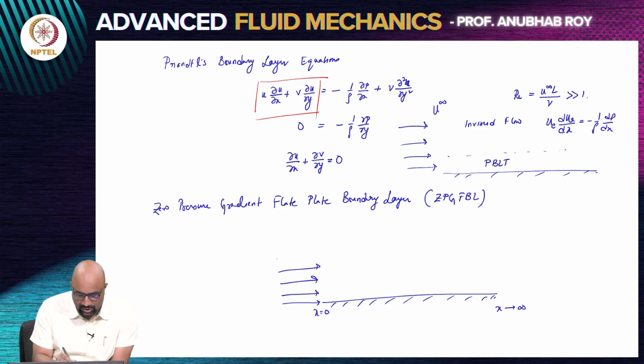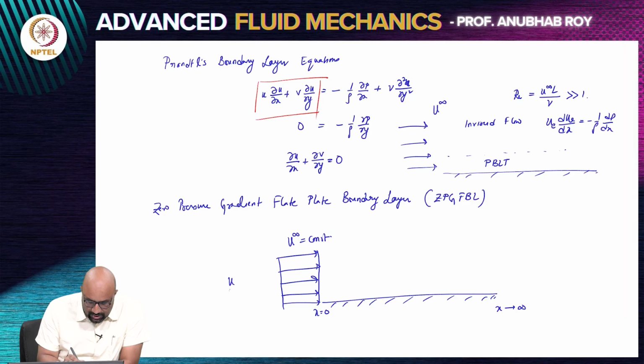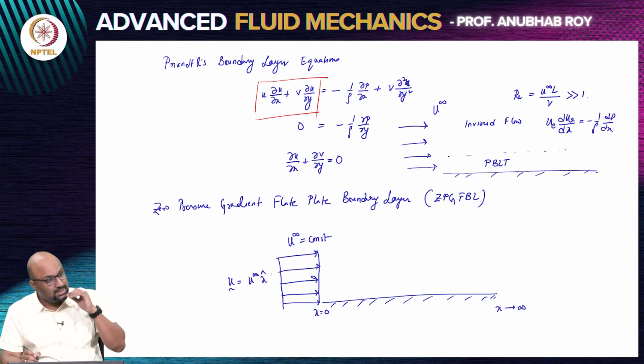So, now we are actually fixing u infinity. u infinity is not some arbitrary function of x, but we are saying u infinity is equal to constant. So, there is an incident flow which is u is equal to u infinity x cap, which is incident on the plate at x equals 0.